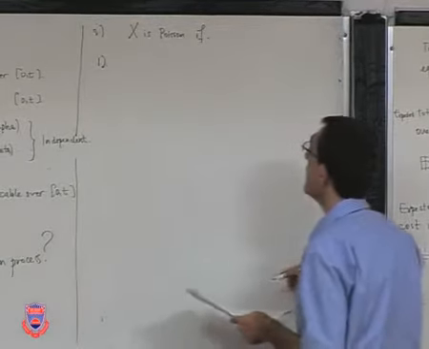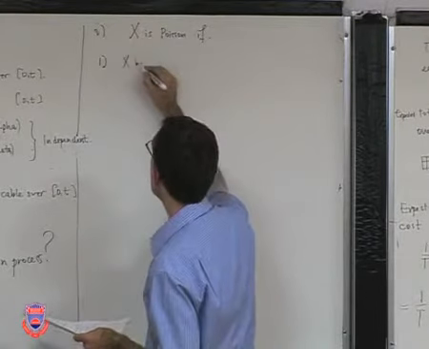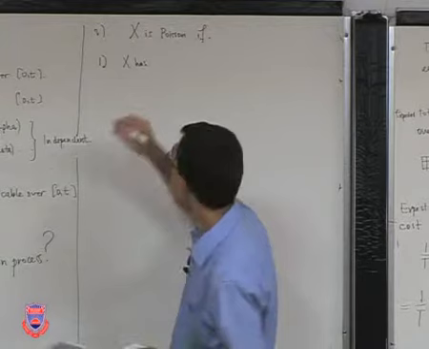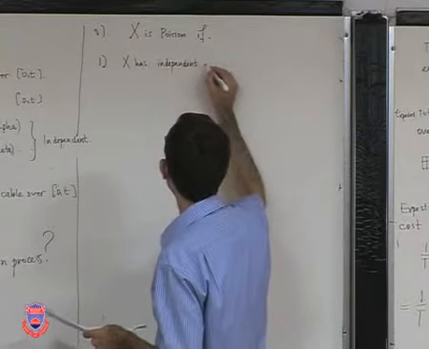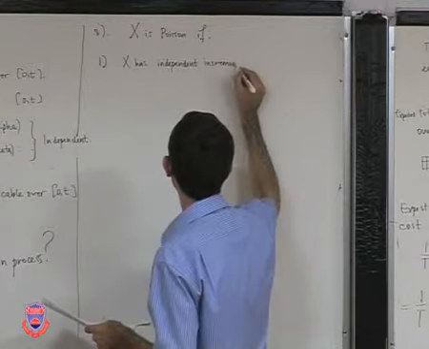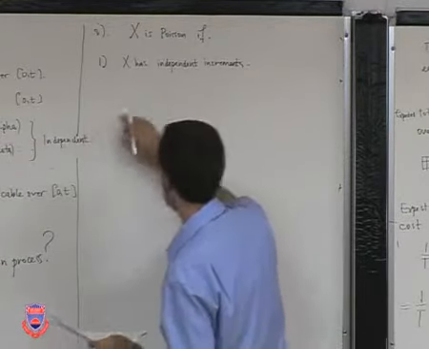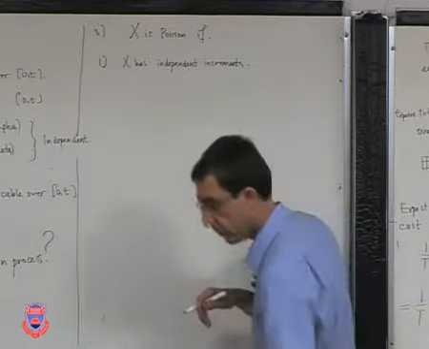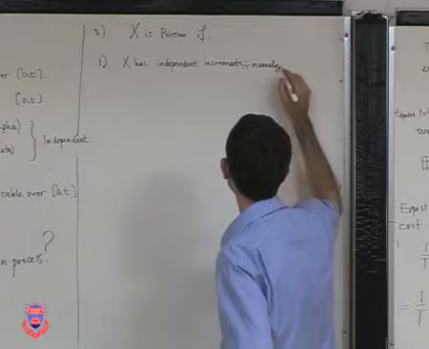The first one is that x has independent increments. Maybe I should just write it. Namely, we should verify what?